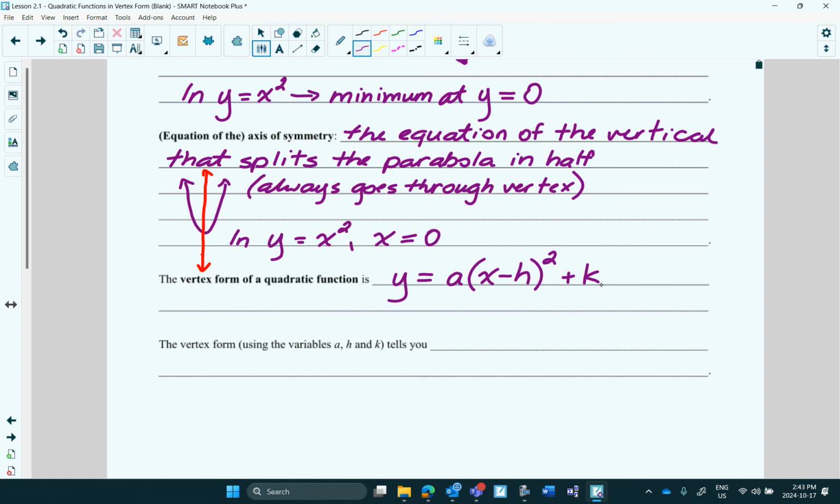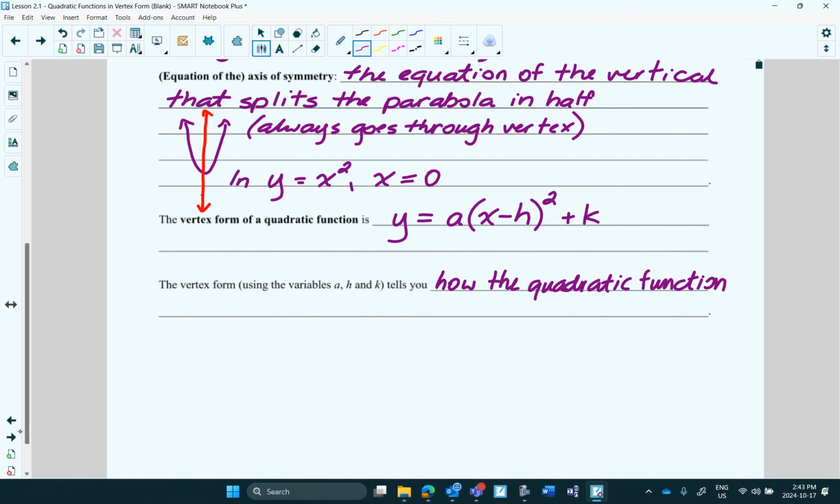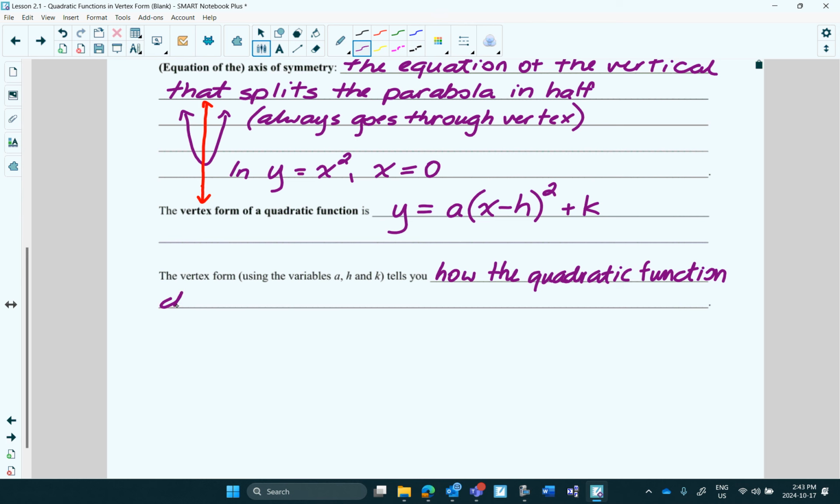So the vertex form, using these, and these are the actual letters we use, tells you how the quadratic function changes from the most basic one.